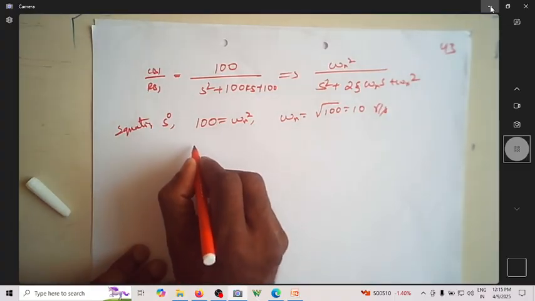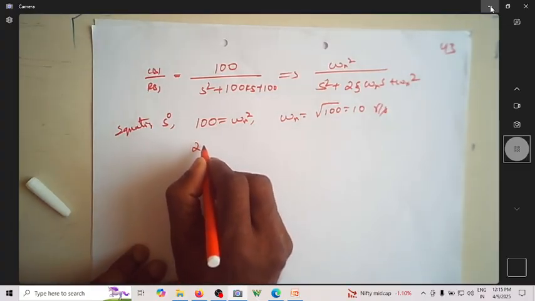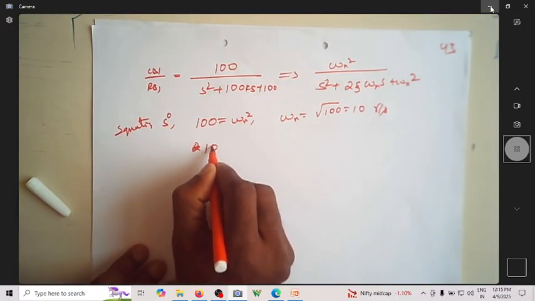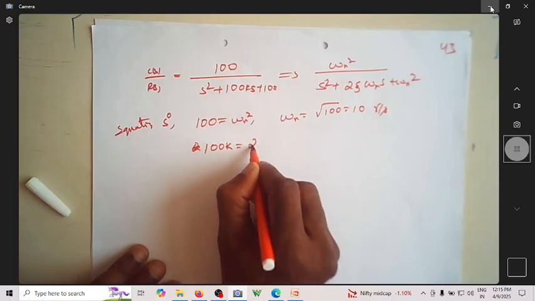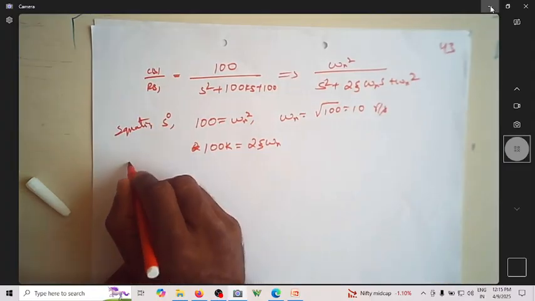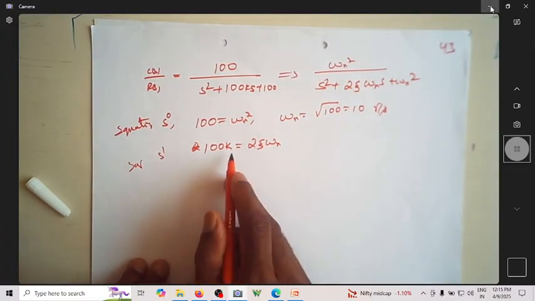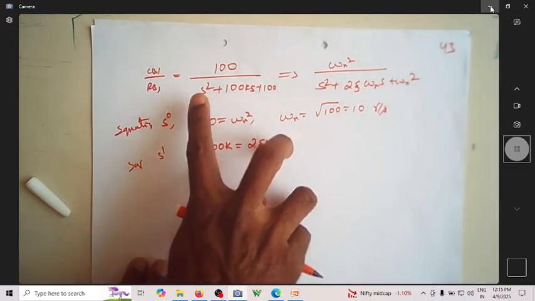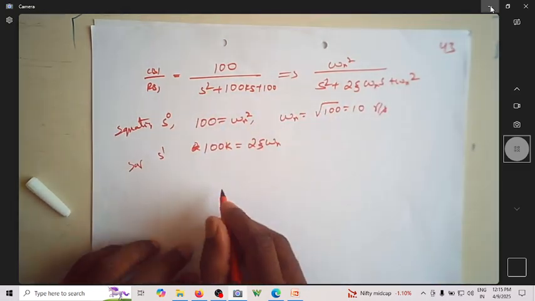Then 100k is equal to 2 zeta omega n. This is equating the coefficients of s. Of course, you can see the coefficient of s square is 1. So first you make the coefficient of s square 1 and then you start equating them.